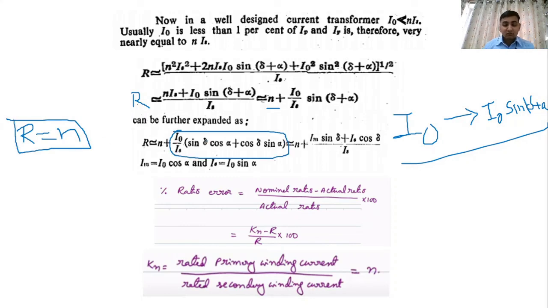But in a practical transformer, this no load current or core losses make our transformer ratio incorrect, and the transformer ratio R is not equal to n. So in the case of ratio error, we have a numerical formula: nominal ratio minus actual ratio upon actual ratio multiplied by 100.